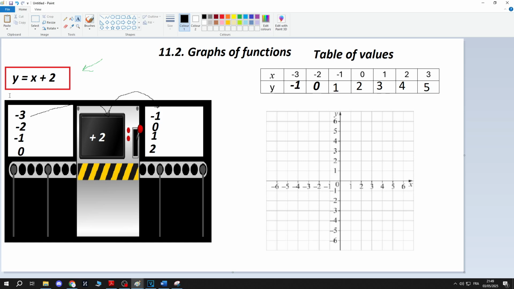So we know our function is y equals x plus 2. We've already seen the analogy, the example of the conveyor belt. We input a value of x. We can pick whatever we want. Negative 3 plus 2 gives us negative 1. Negative 2 plus 2 gives us 0, etc. We then placed it in what we called a table of values.